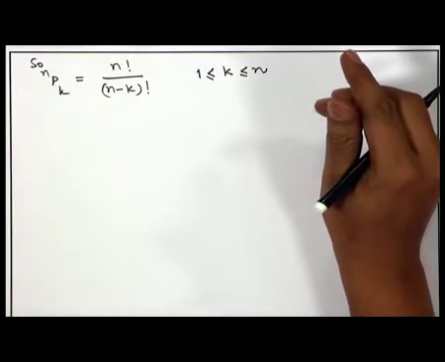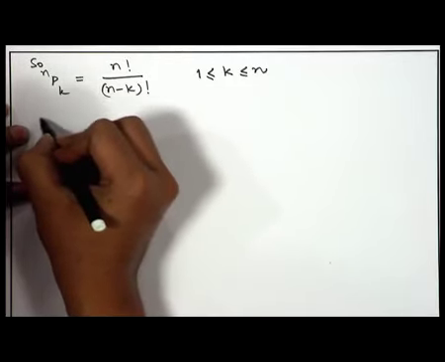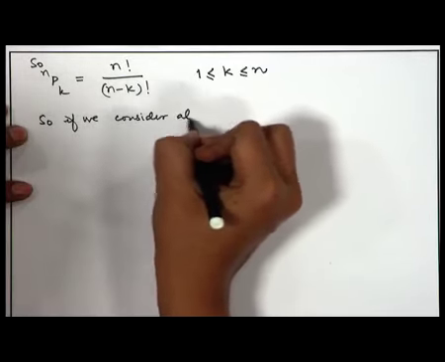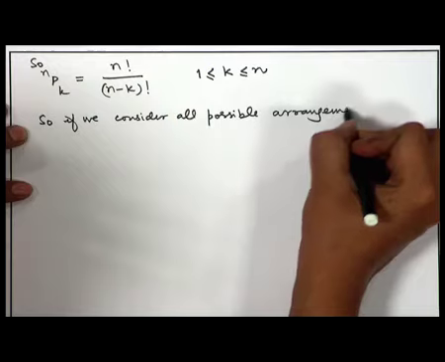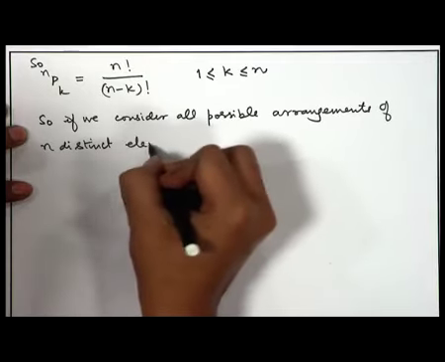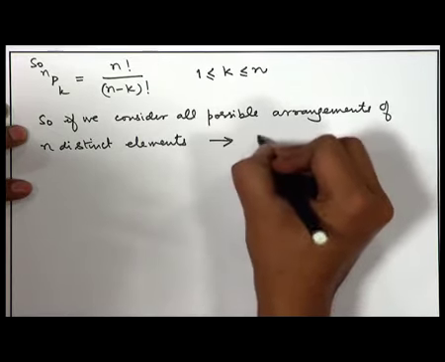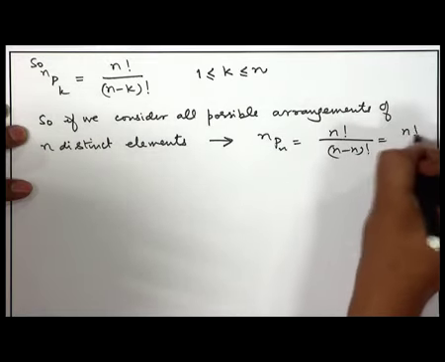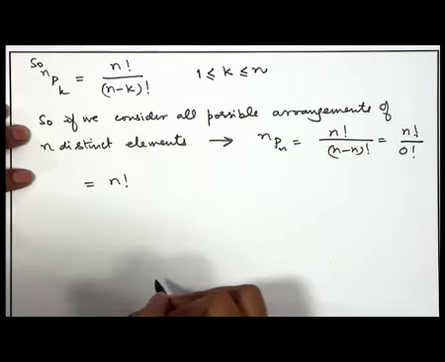So, let me just illustrate this again. If we consider all possible arrangements of n distinct elements, then that will be equal to nPn, that is n factorial divided by n minus n factorial, that is n factorial divided by 0 factorial, that is n factorial, because 0 factorial I am taking to be 1.